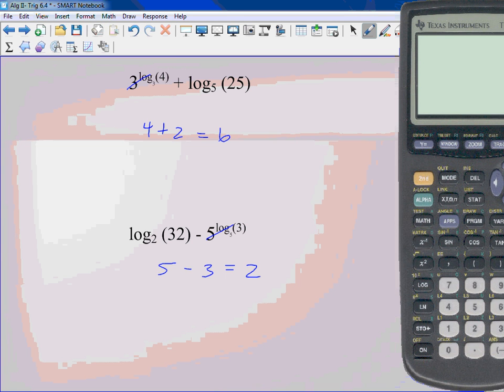What if the log does not match the base? If this was a 7, we can't do that. Can't do that as of today.